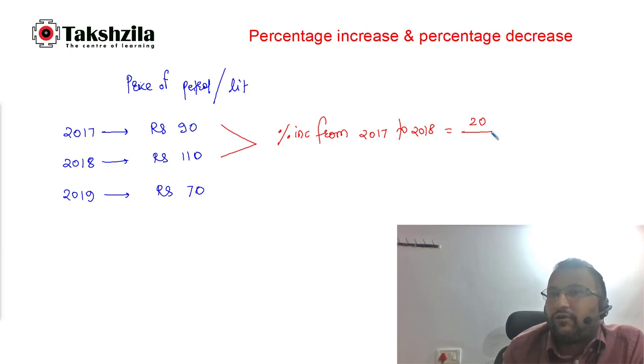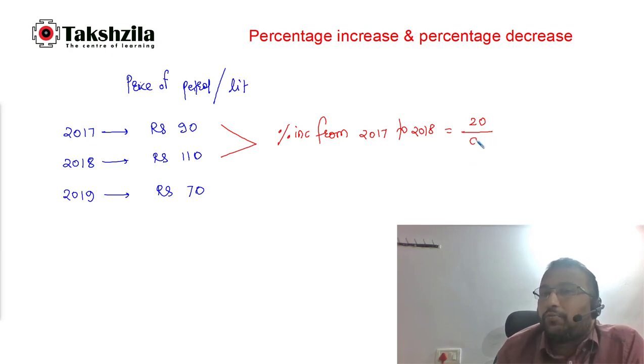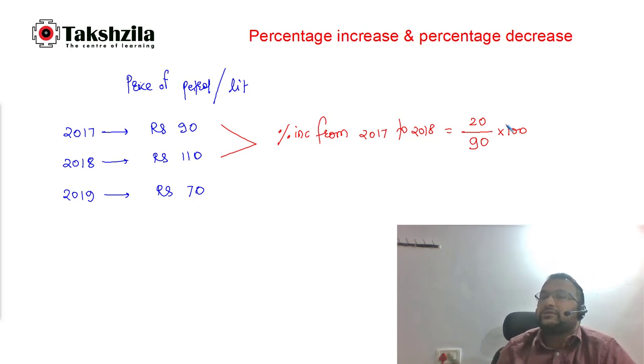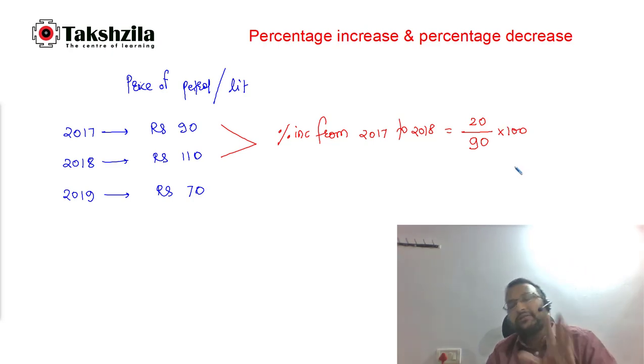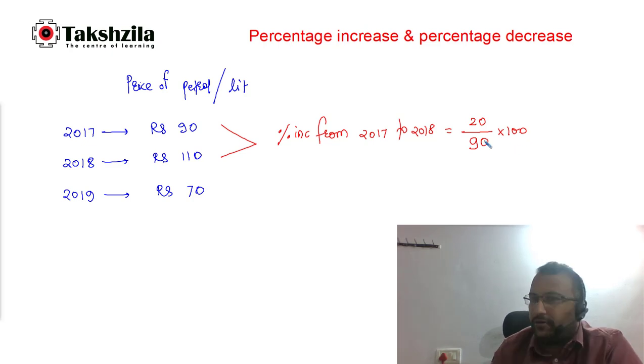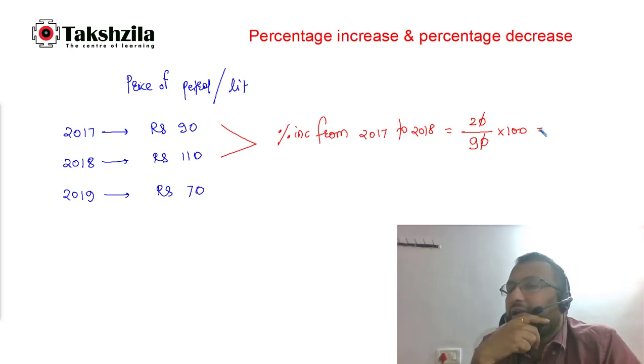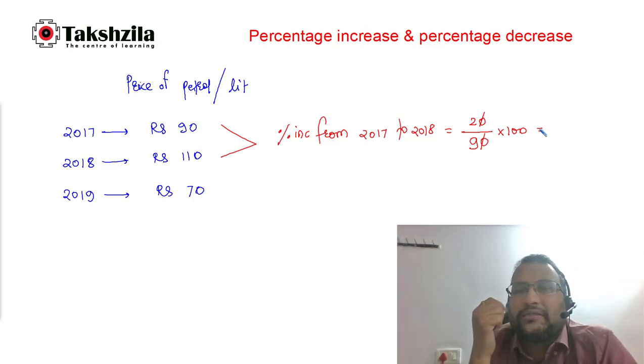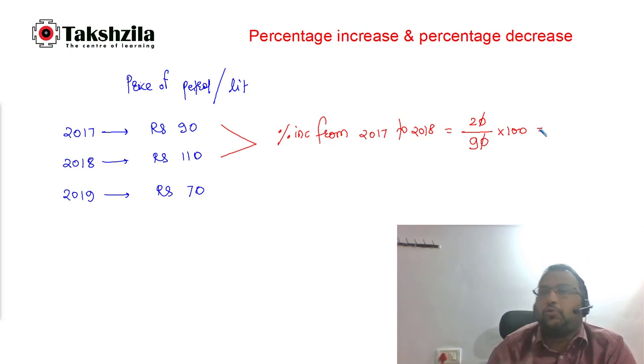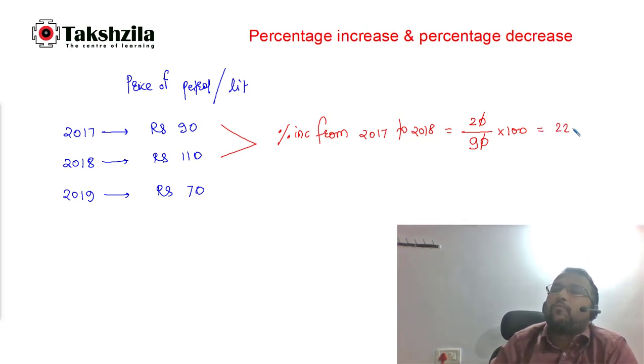And this increase of rupees 20 is on rupees 90. 20 is the increase on 90, into 100. This is how we can interpret percentage increase. To find the percentage, we multiply this by 100. But we do not need to multiply by 100 in actual, because we know percentages and their fraction equivalents. 2 by 9, we know 1 by 9 is 11.11%. So 2 by 9 becomes 22.22%.